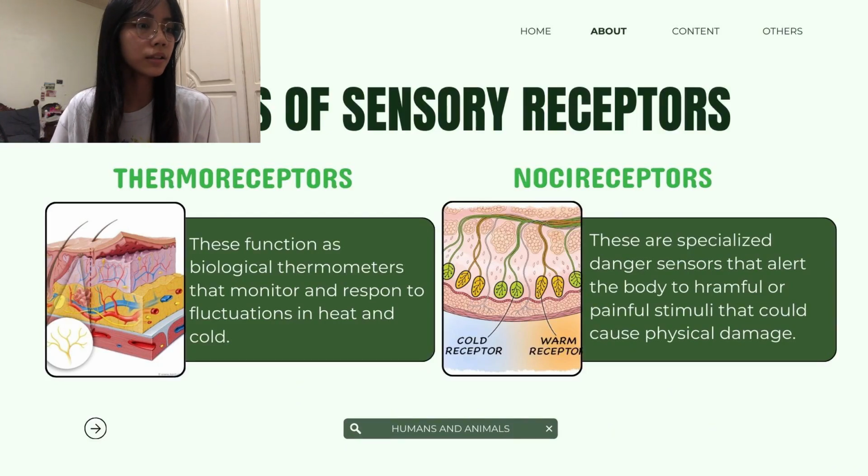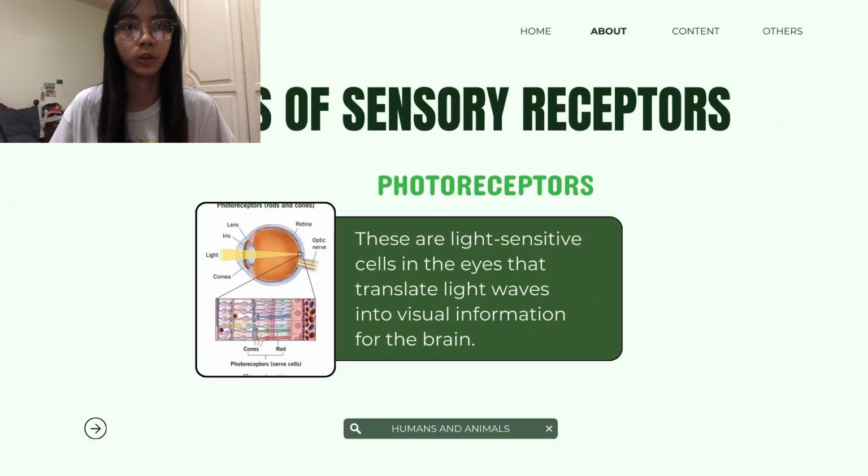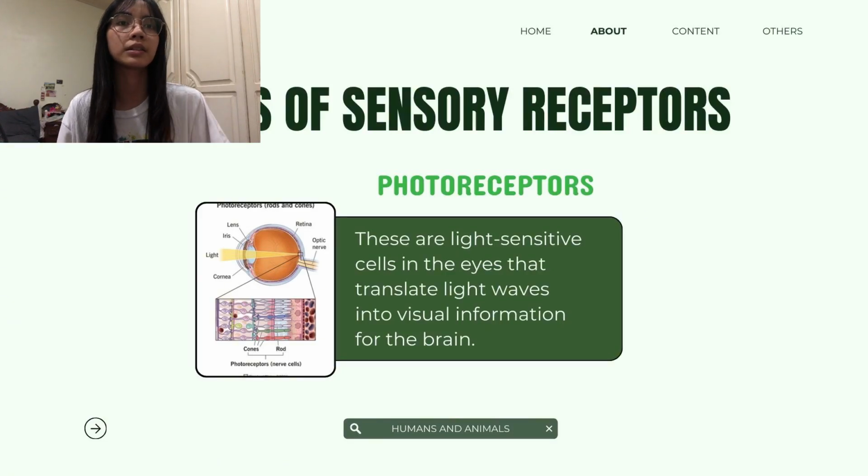So the last sensory receptor is the photoreceptors. Photoreceptors, from the word itself, detect light, and the light is then interpreted by the brain as the vision, or the image that we see. So how does it work?